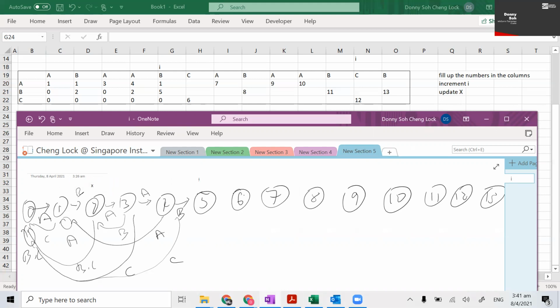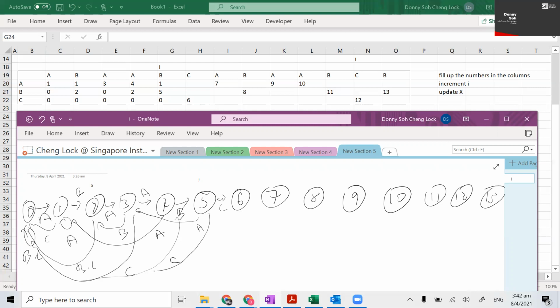5 to 6. This is a C. So what will happen to state X if I were to see an A? It will go to 3. So hence this is a 3. What happened to state X if I were to see a B? If I were to see a B, it will go to state 0.